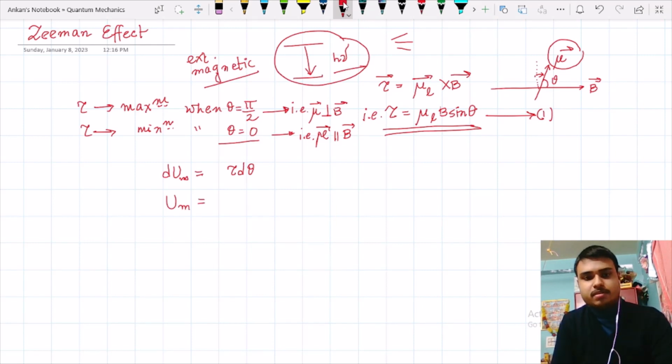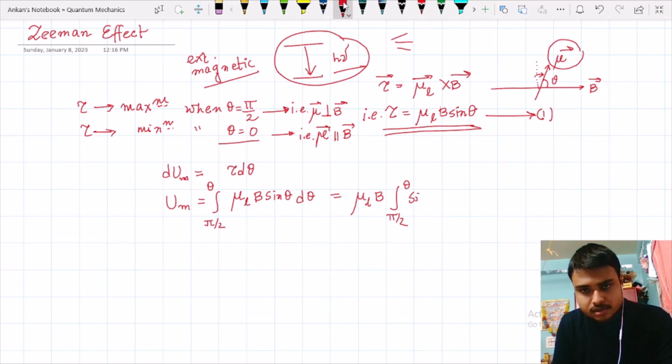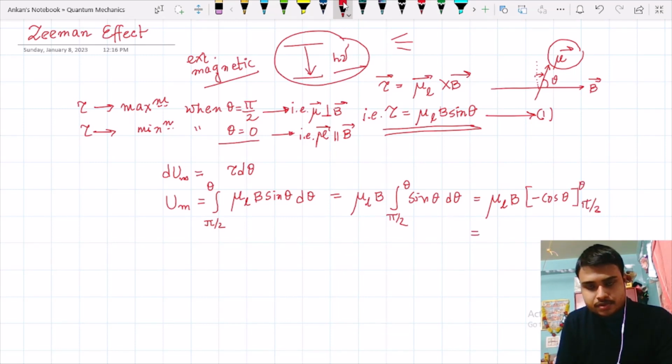So U m will be given by the integral from pi by 2 to some theta, where tau is mu l B sine theta d theta. If we integrate this, mu l B will be independent of theta, and this will be the integral from pi by 2 to theta of sine theta d theta. Now we know this integration very well: mu l B cos theta from pi by 2 to theta.